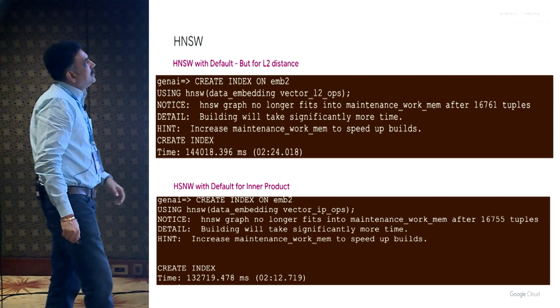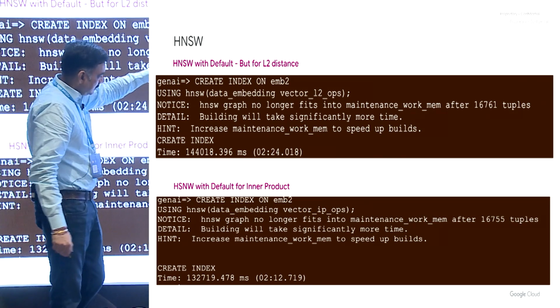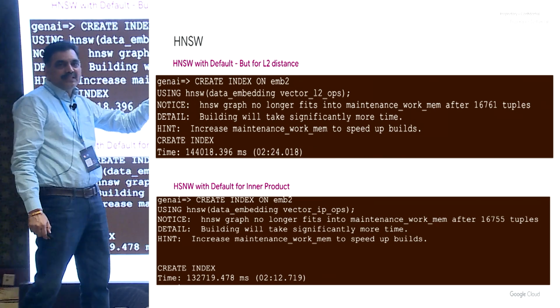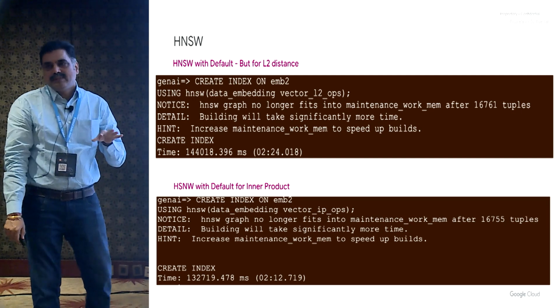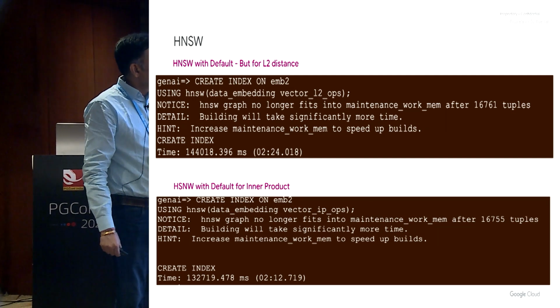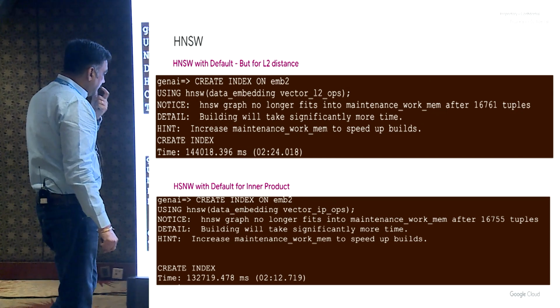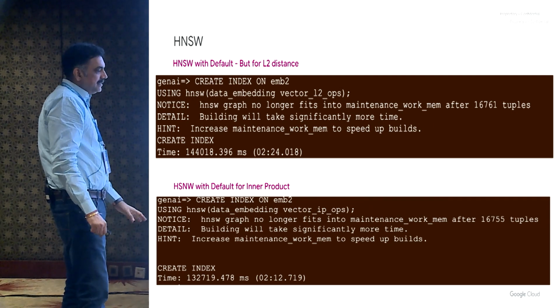So this is L2, and this is inner product. On the same data, I dropped the previous indexes and created two indexes with the changed algorithm option, L2 and IP, and you can see that the difference is not much.